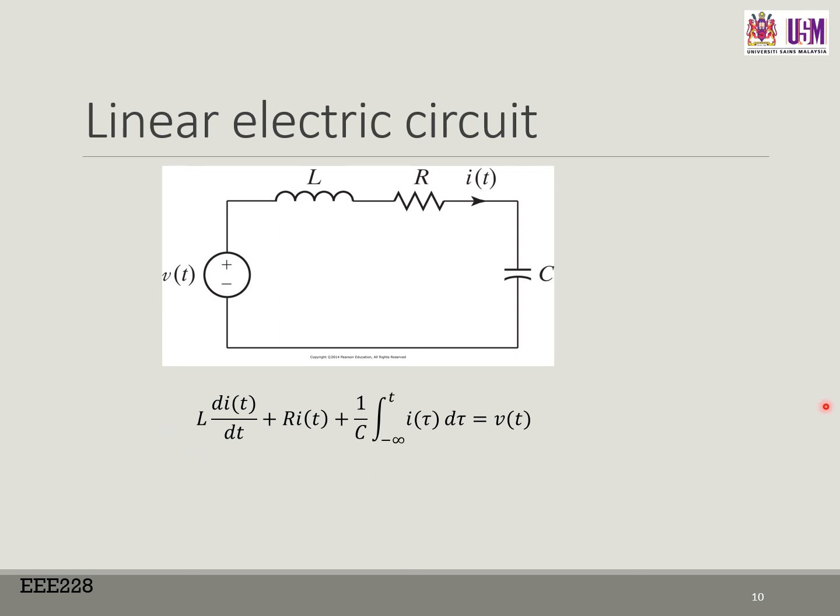If you look at this equation, V(t) and I(t) are functions or signals, with time as the independent variable, and the whole equation represents the system.